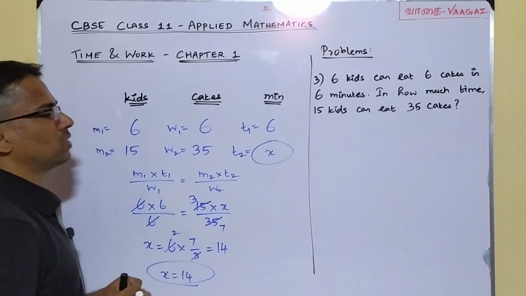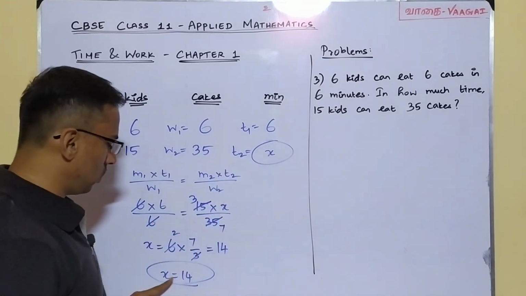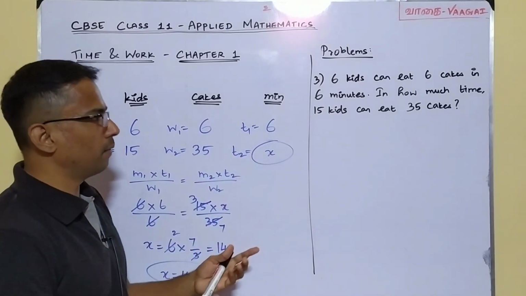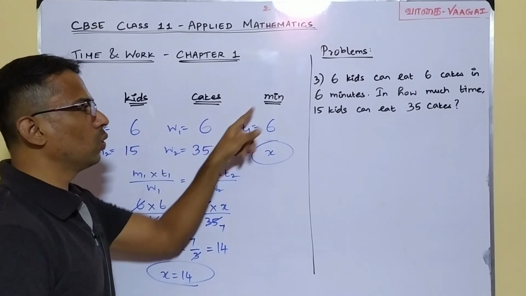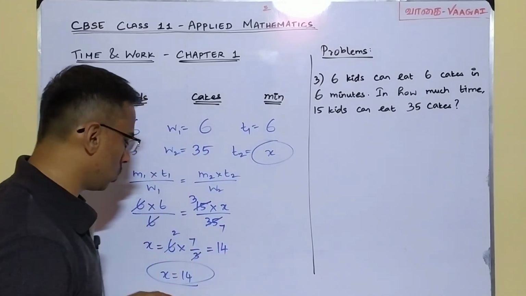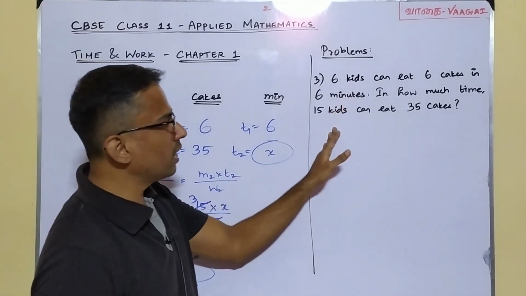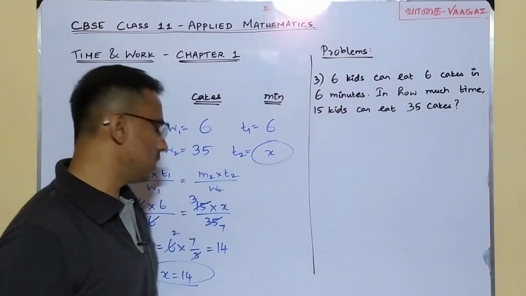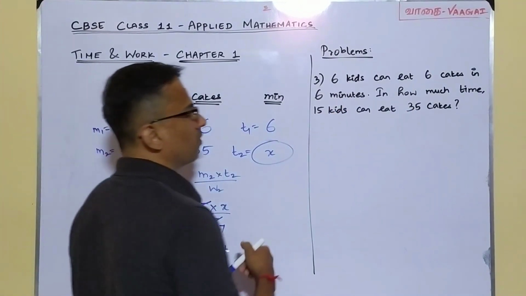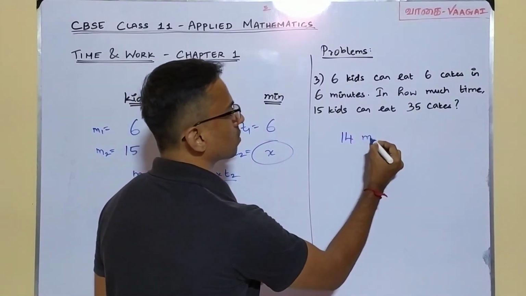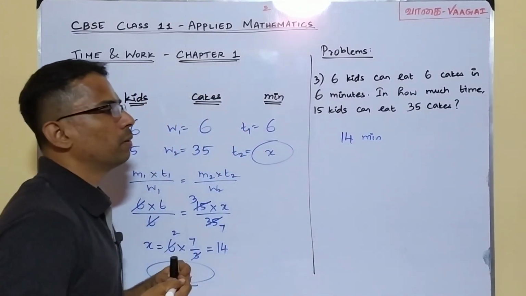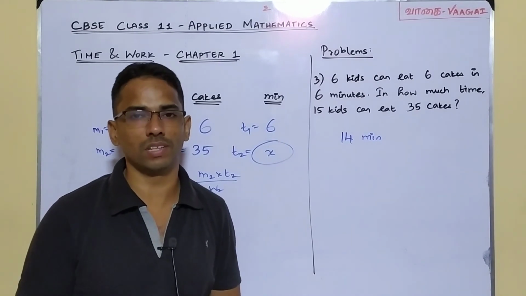We have our time given in terms of minutes, and so the answer for this third question is X is equal to 14. I mean, 15 kids can eat 35 cakes in 14 minutes. If you want, I can even write here 14 minutes. So 14 minutes is the answer for this third question.